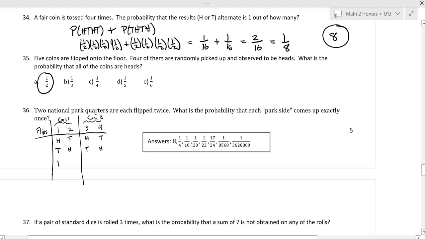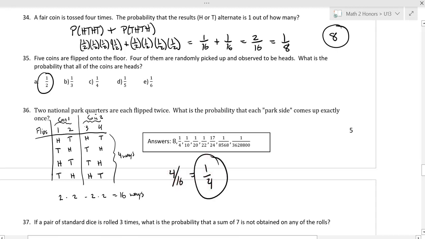So another option would be heads, tails, heads, tails, and tails, heads, heads, tails. And those are the only four ways that we can do this. Out of, well, if it didn't matter, we got two possibilities for each, which gives us 16 ways. And so 4 out of 16, or 1/4, would be the answer to this.